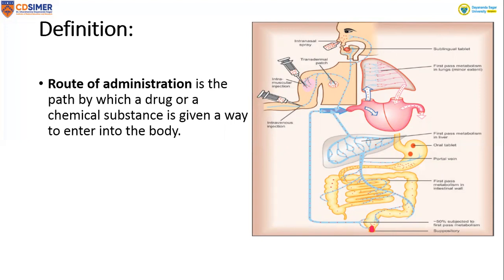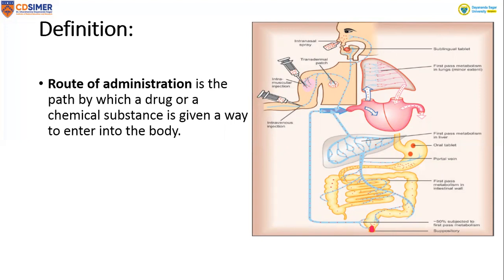So, a drug should enter into the body in one way or the other. So, we have to choose the method through which we can give the drug into the body for its action.